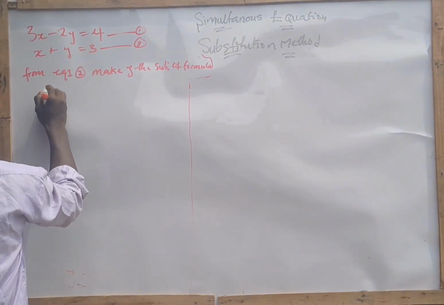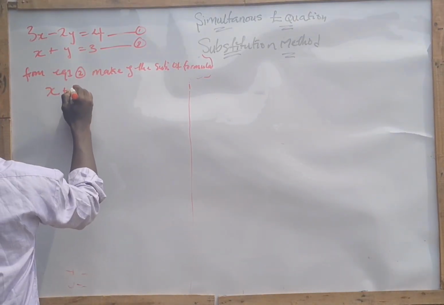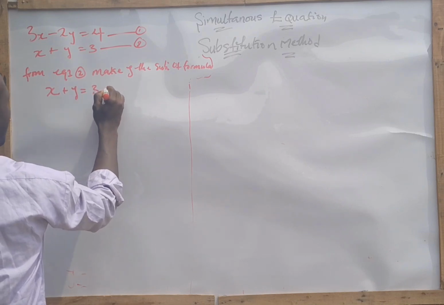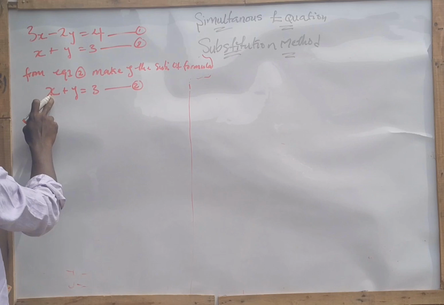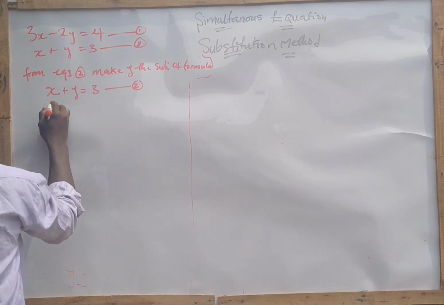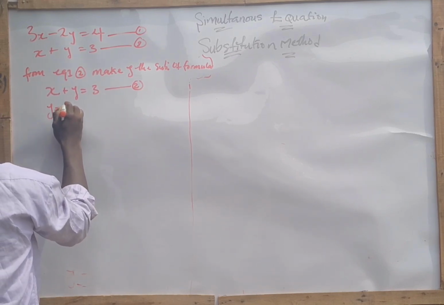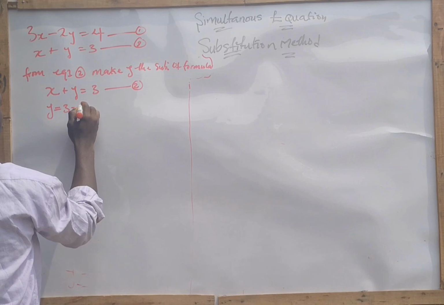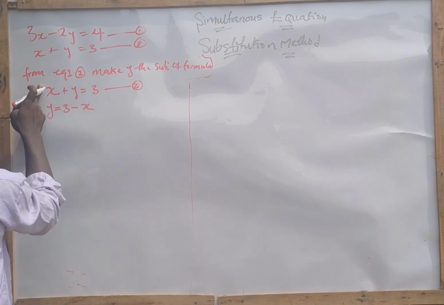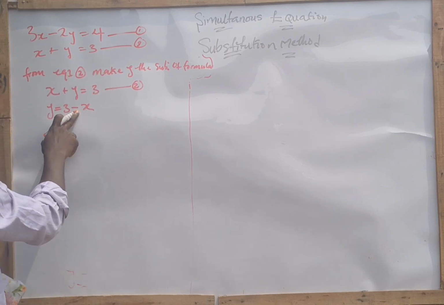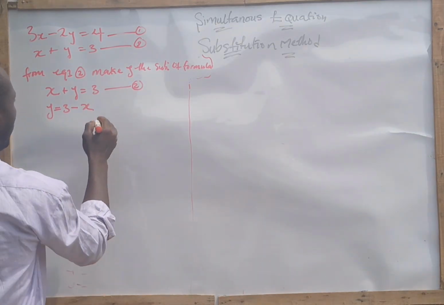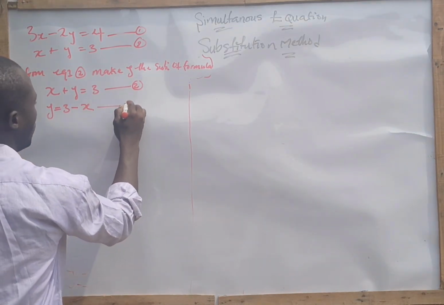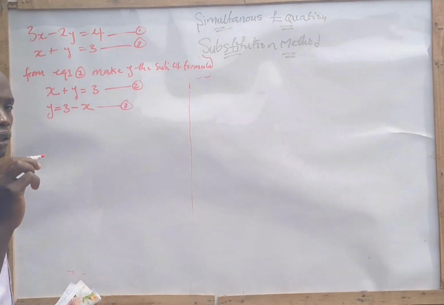We bring our equation 2 down, which is x plus y equals 3. To make y the subject, we transfer this x to this side. We say y equals 3 minus x. x is crossing over, so the sign in front of it will change to minus. We name this our equation 3.